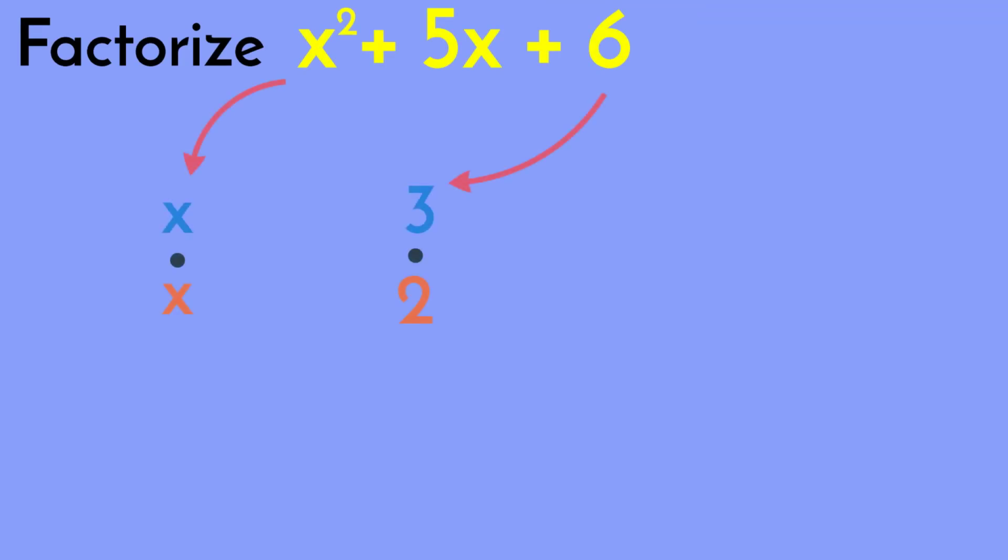Let's redo this and try to use other factors. First, break the term which has the square variable. Second, break the constant. The previous time, we used 1 times 6. This time, we use 3 times 2. Third step is to cross multiply them. x times 3 is equal to 3x, and x times 2 is equal to 2x.